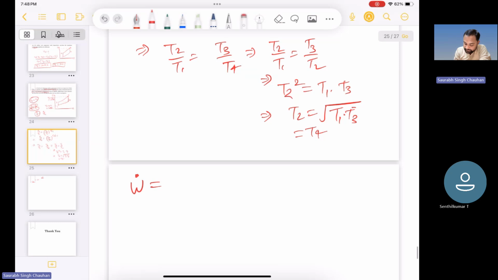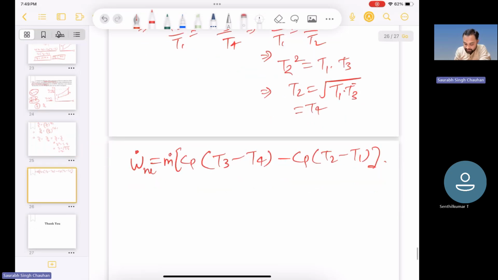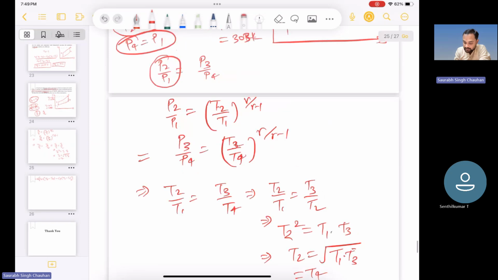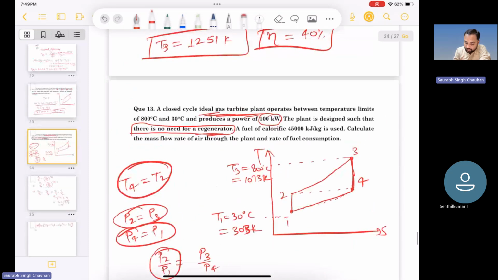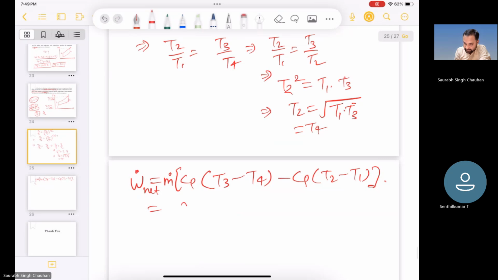It will be equal to Cp, and of course there will be mass flow rate, Cp times T3 minus T4, minus compressor, which will be T2 minus T1. This is the net work output, and it is given as 100 kilowatt.